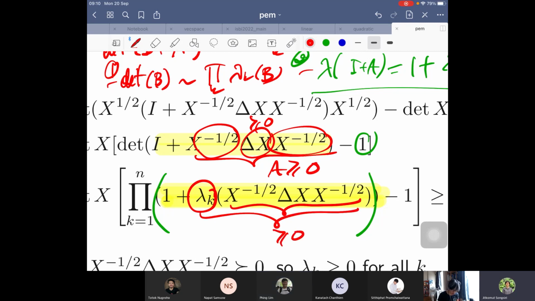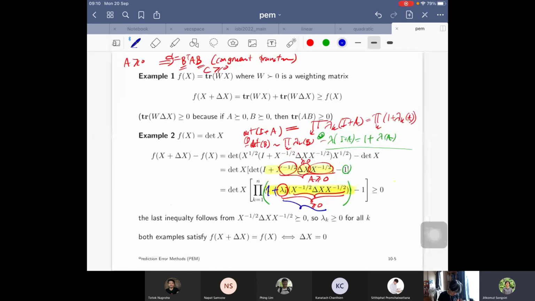Now look at the term: you have 1 plus something non-negative, and you have the product of many terms. Can you compare this product with 1? Always bigger or equal to 1.